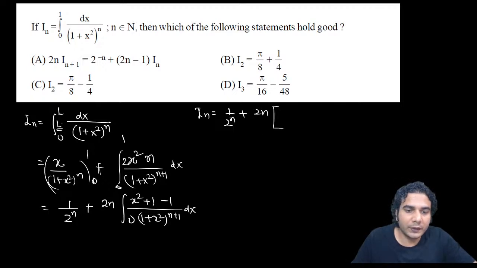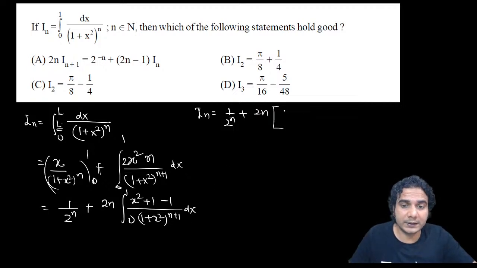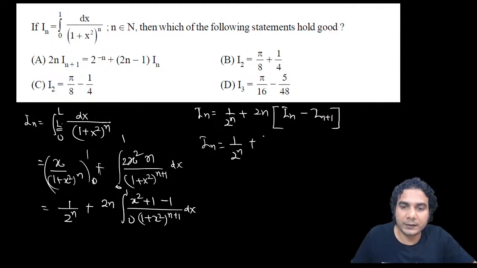Now if you divide, this first term is going to be the integral from 0 to 1 of 1 upon (1 plus x square) raised to n, that is nothing but In. And the second term you are going to get is the integral from 0 to 1 of 1 upon (1 plus x square) raised to n plus 1, so that is In+1. So In = 1 upon 2 raised to n plus 2n into In minus 2n into In+1.